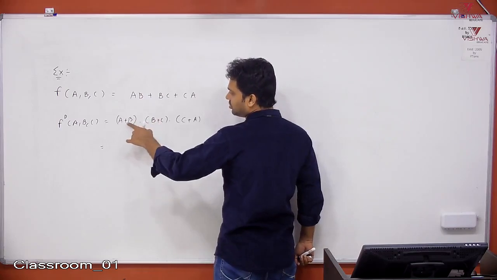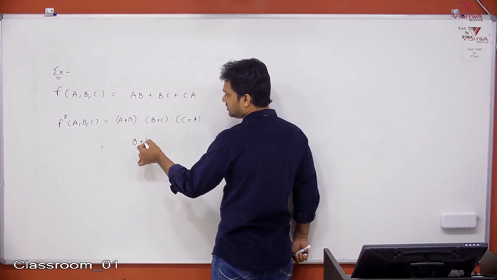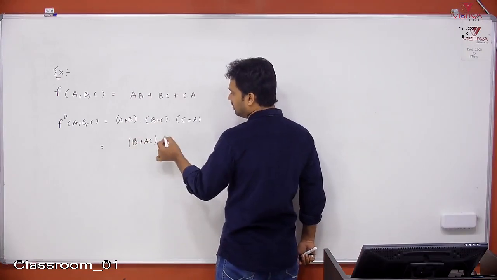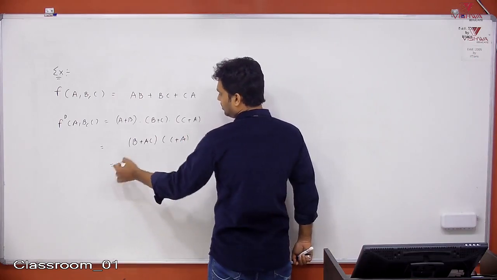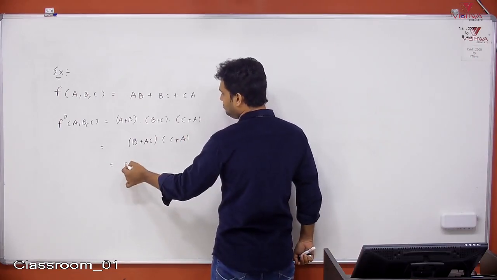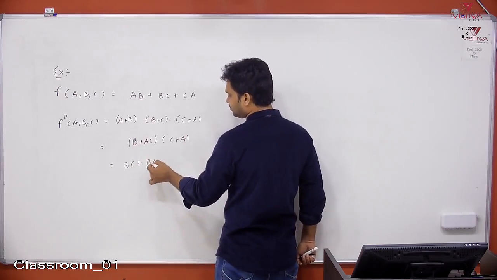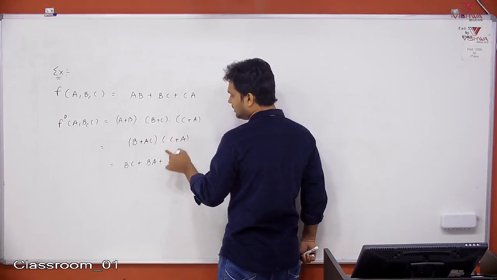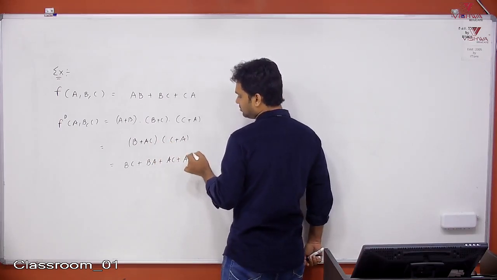Here in these two terms, by distributive property, B is common, no? B plus AC into C plus A. Now B into C, B into A, AC into C, AC into A.